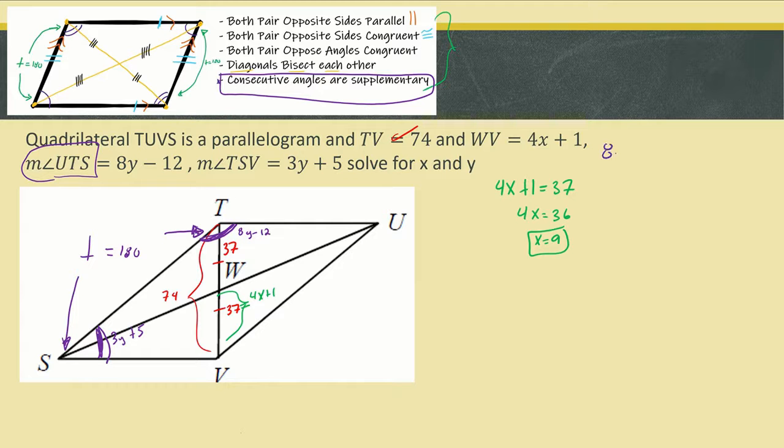So we have 8y minus 12 plus 3y plus 5 equals 180. And so we're going to start by combining like terms. So we have 8y plus 3y, which gives us 11y.